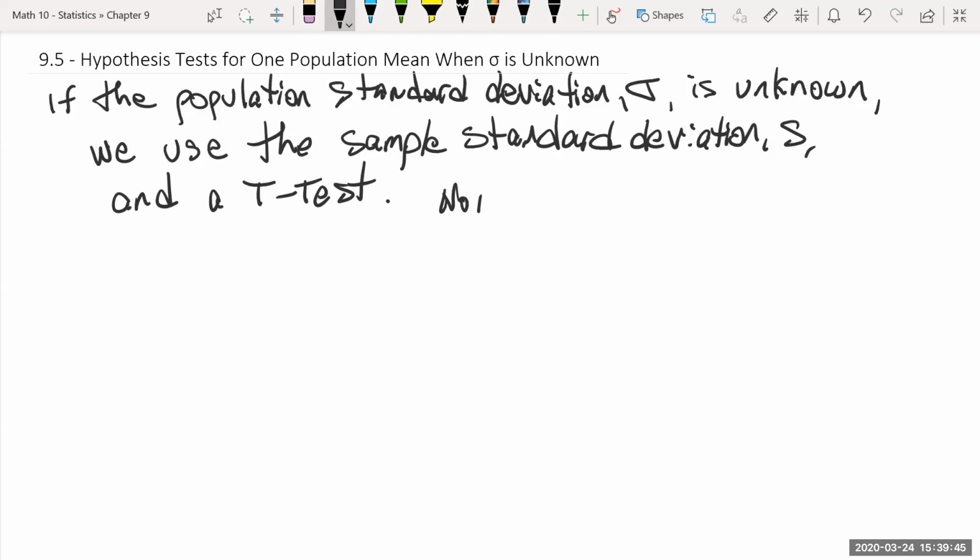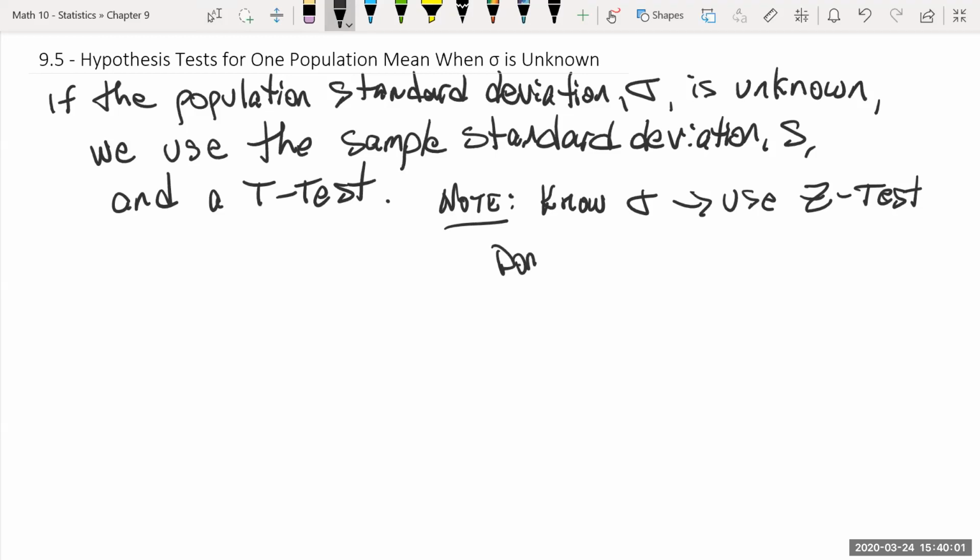Note. If we know sigma, use z-test. If we don't know sigma, use a t-test.